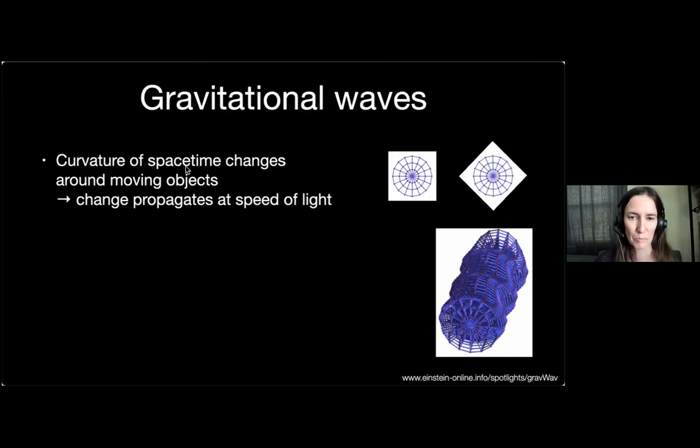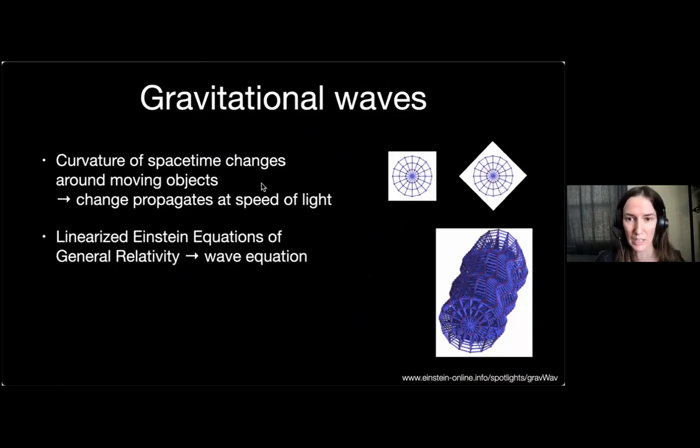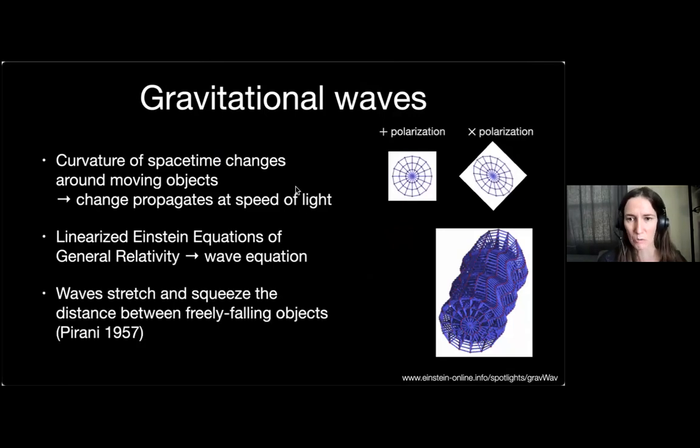Curvature of space-time changes around moving objects. That change propagates out at the speed of light. So just like any relativistic field theory, we get wave behaviors. In particular, if you linearize the equations of gravity, you get a wave equation.